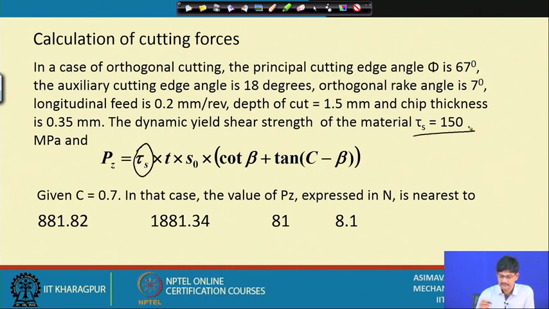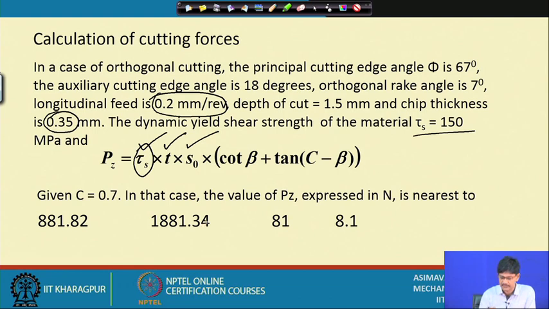Yes. I need the chip thickness. Is chip thickness provided? Yes. I need the feed. Is the feed provided? Yes. I need beta. Is beta provided? No, but I can find out beta.